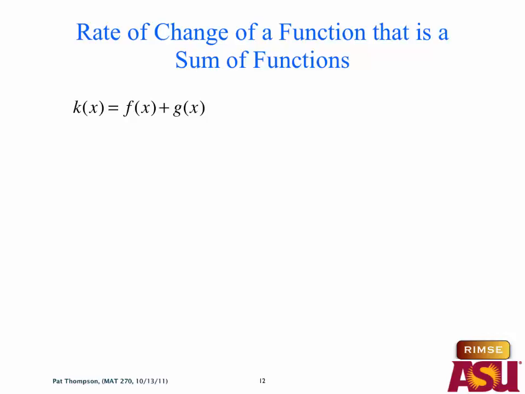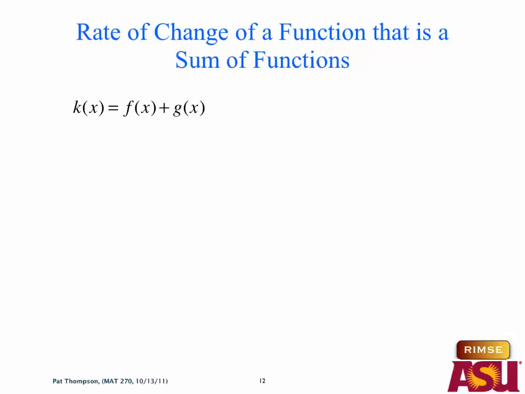We want to know the rate of change for k, so you write out the general form of the rate of change of k with respect to x. How about this one? You got it? Tell me. No, for k.